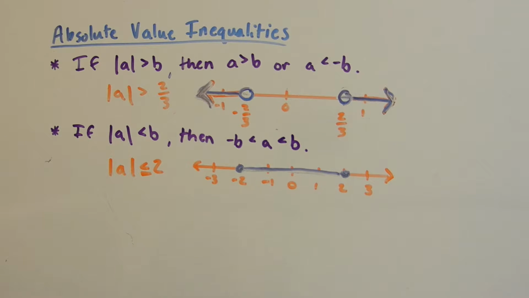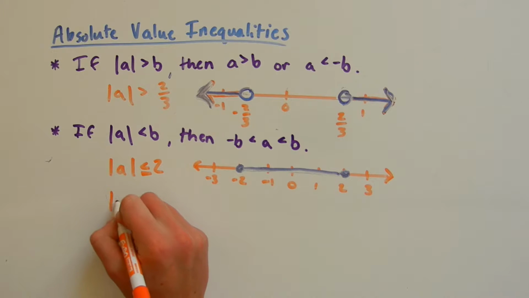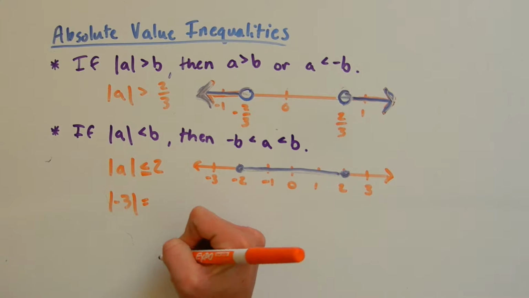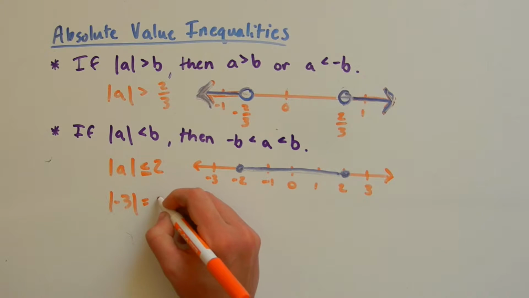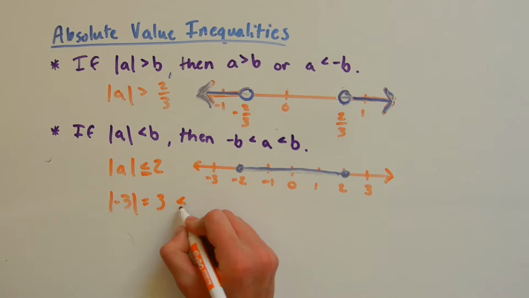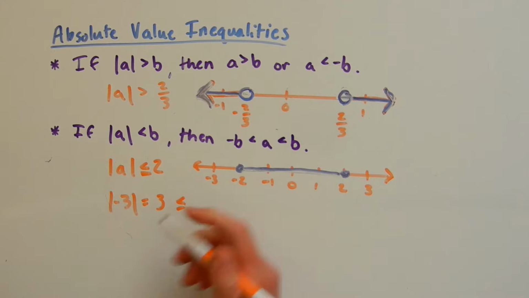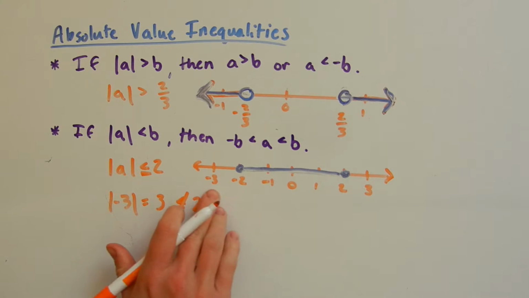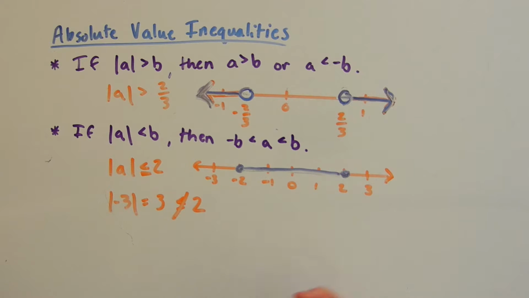And why is that? Let's take a look at a few numbers. Let's say we use a negative 3. If A is negative 3, the absolute value of negative 3 is equal to a positive 3. And 3 is not less than or equal to 2. So that would not belong in the shaded region.